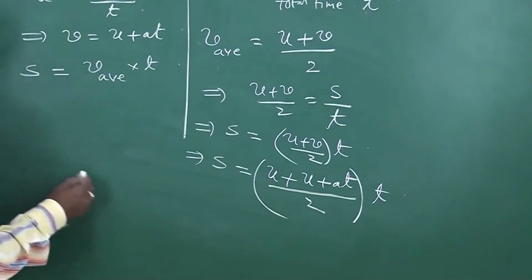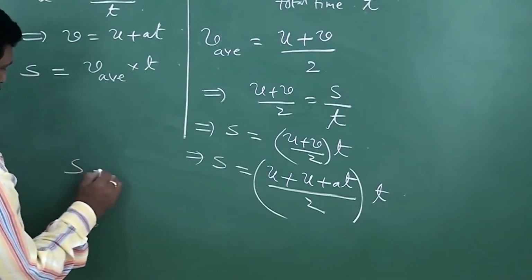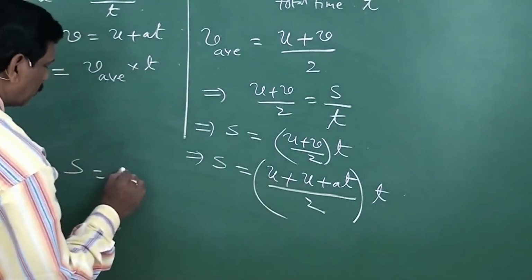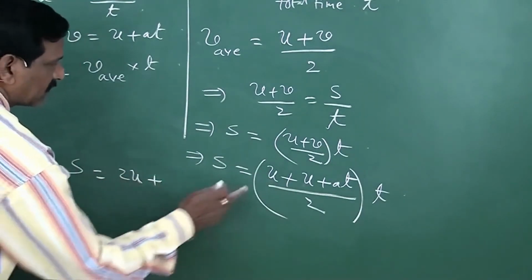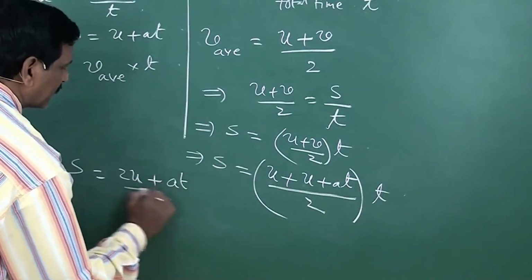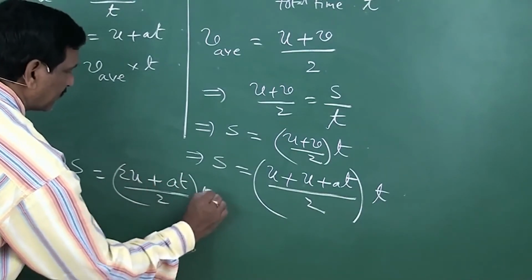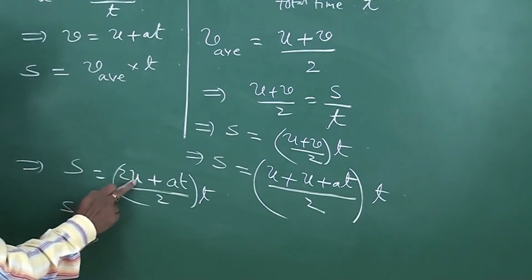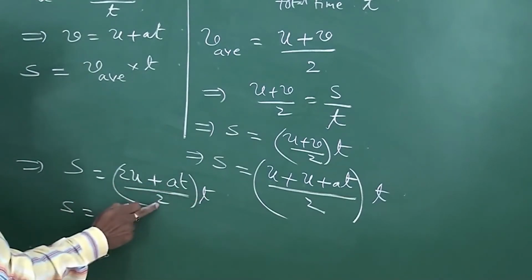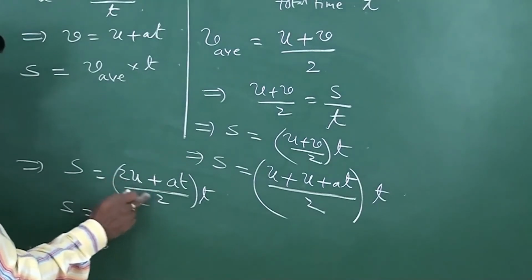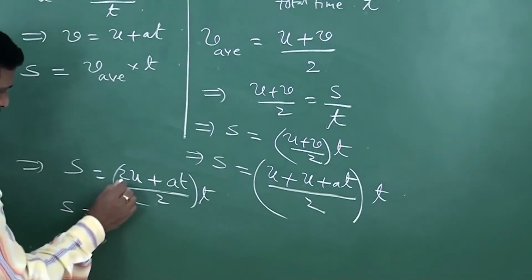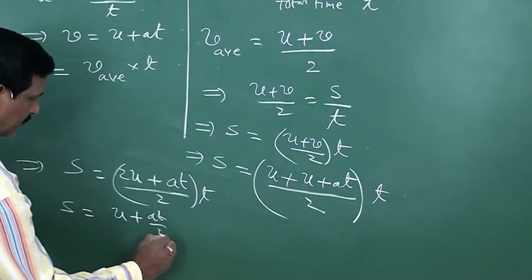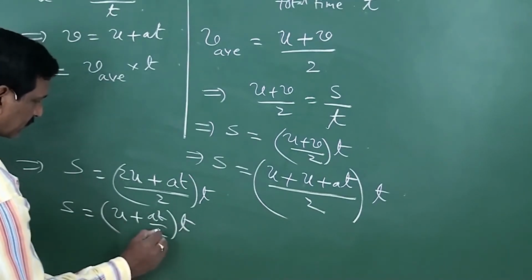Then you can write s is equal to, here u plus u, 2u plus at by 2 into t. You can cancel out 2u by 2, and it becomes u plus at by 2 into t.